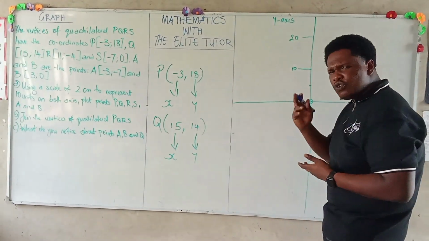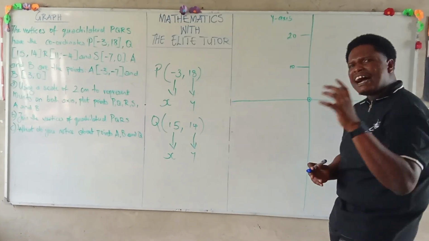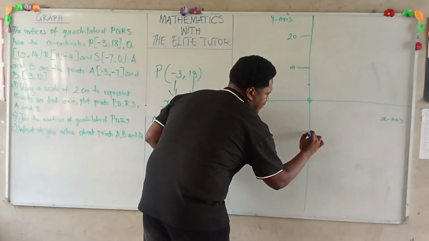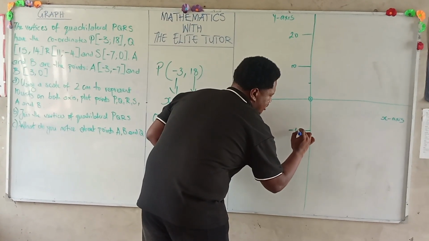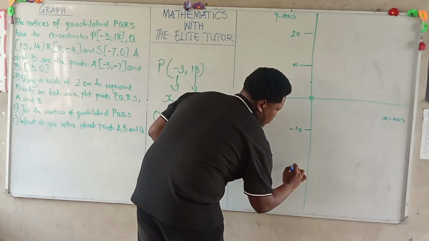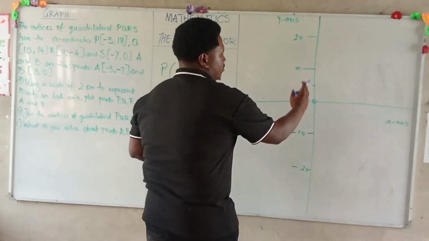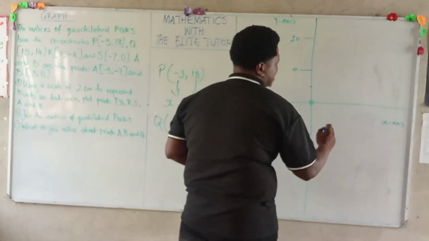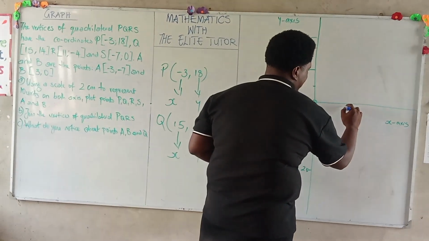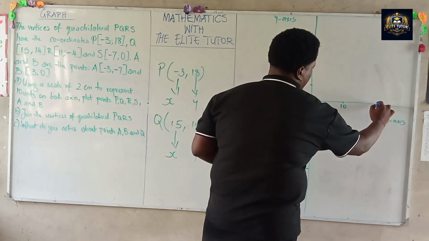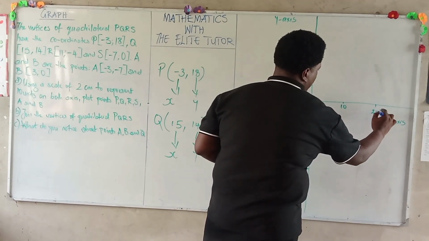So I'm going to be working with 2 values, which are 10 and 20. And then for my negative side, I have -10 and -20. Now for my x-axis, the positive side, 2 cm, I have +10 and +20.